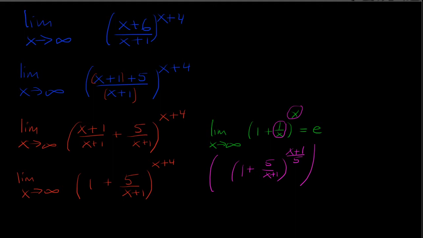Because I want to raise it to some exponent so that when I multiply, I get x plus 4. So it's x plus 1 over 5 times my new exponent. I want that to equal x plus 4 when I multiply. Okay, so this is just a simple algebra problem. I'm going to multiply both sides by 5 over x plus 1.